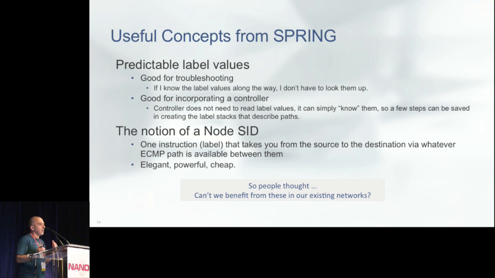The node SID basically allows for the packet to get to the egress over whatever ECMP path is available to that egress. So again, people have looked at whether we can do these things without actually having to upgrade our network to Spring, which is a fairly large exercise. At a minimum, it's a software upgrade. It also involves a completely different way of forwarding, so your operational staff needs to understand that. Who knows? It might even include some new bugs.